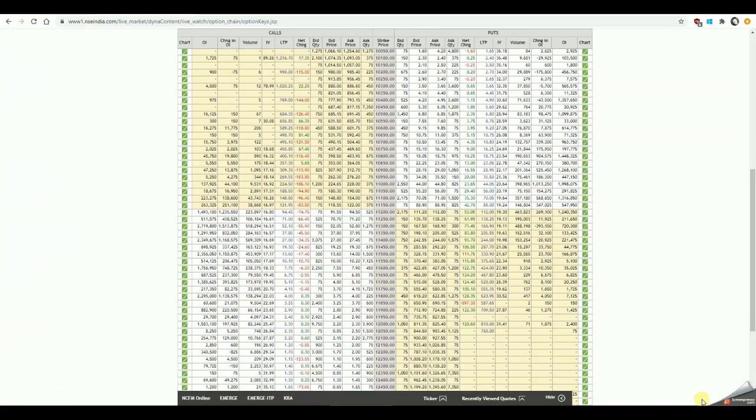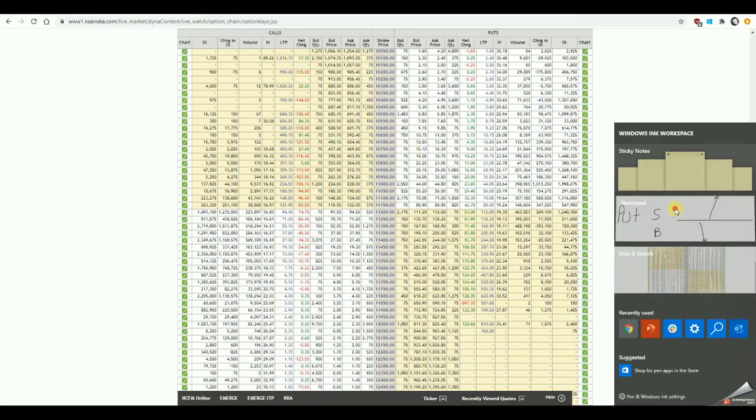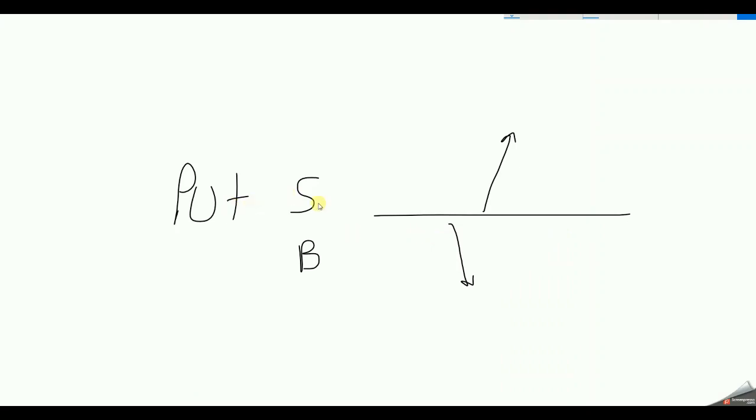So to go back to the screen, when I'm selling a put, I'm expecting the market will remain above a certain level. Now, if the market price is falling, the risk is increasing for this level.